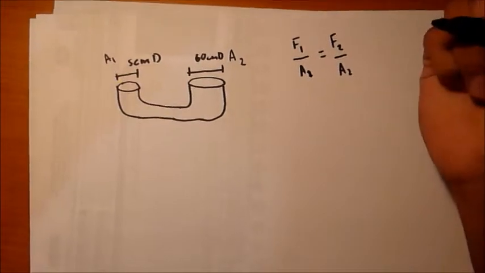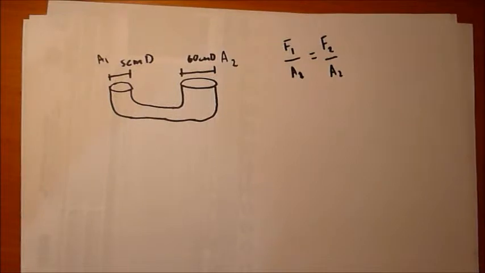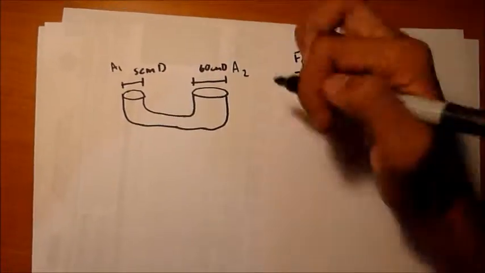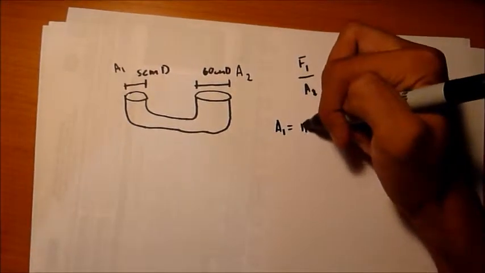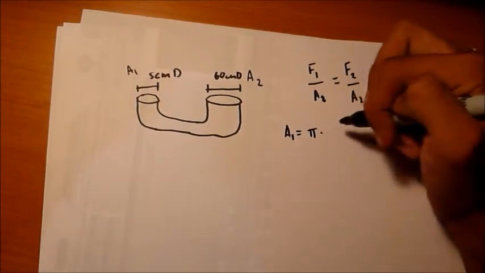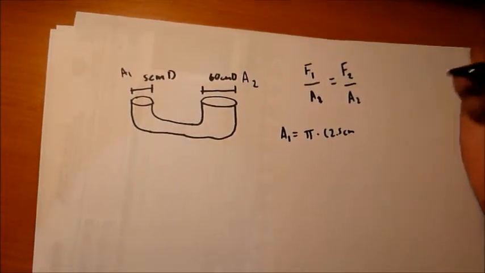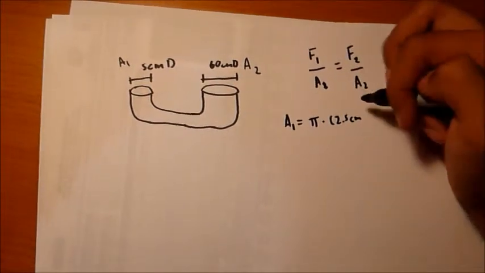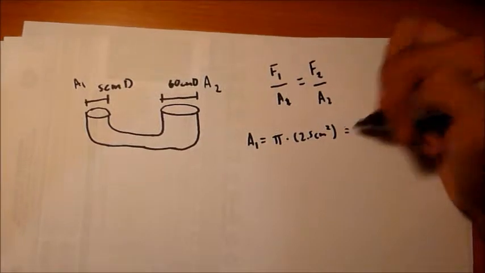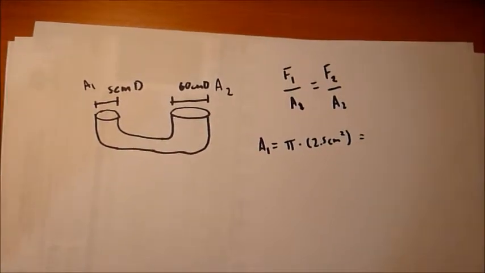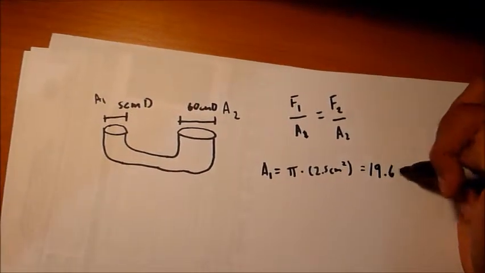Since it's a circle, we have to use pi times r squared. So area 1 is going to be pi times 2.5 centimeters, because it's the diameter over 2, squared, and this is going to be 19.63.